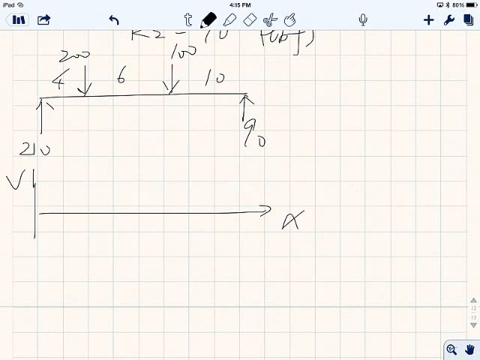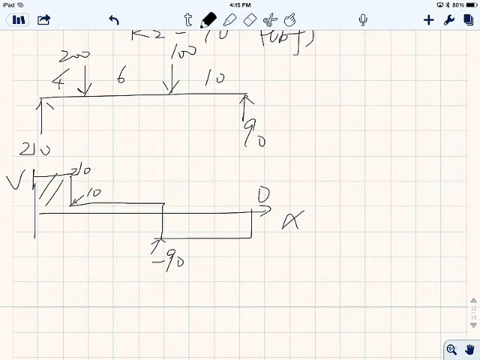Initially 210, right? Hit the 200 concentrated force, drop down, keep on going, drop down, and it goes back. So this is 210. This thing over here is 10, and over here is 10 minus 100, negative 90. So this thing is 0.